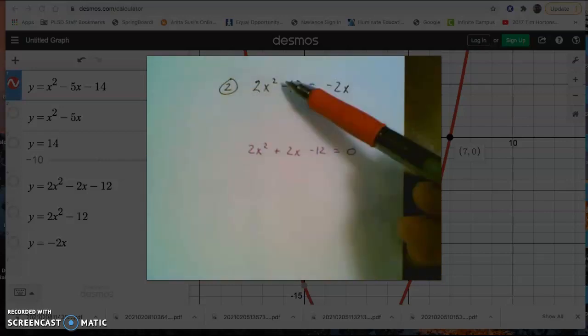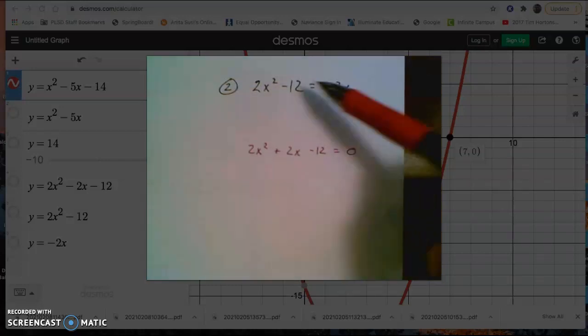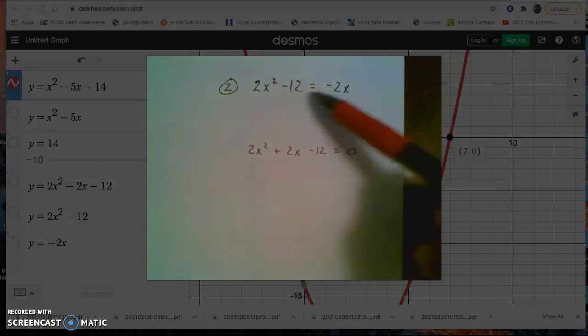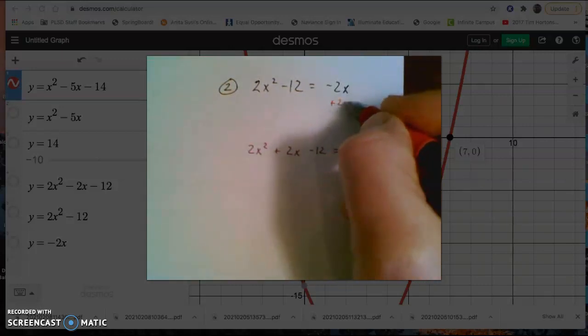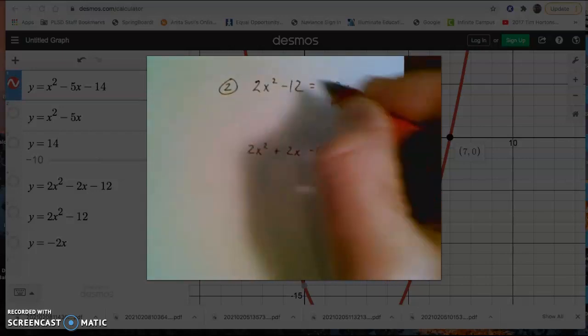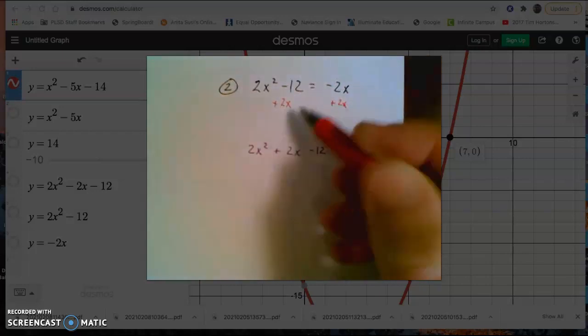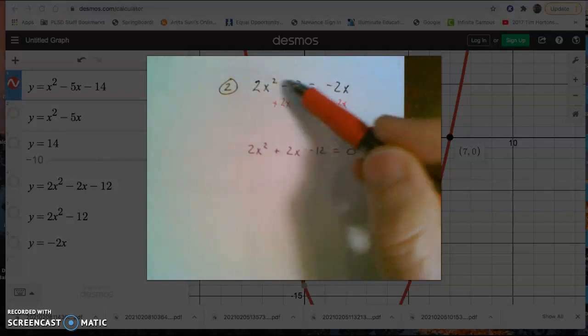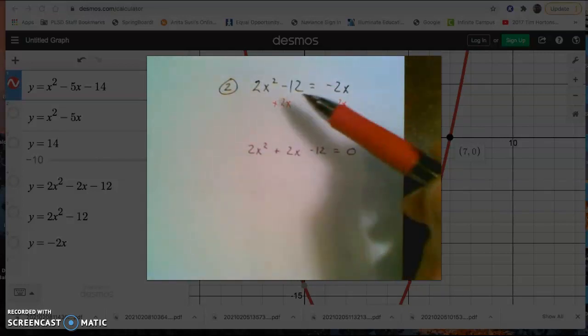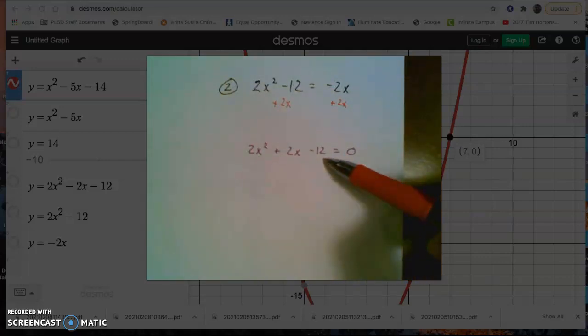Here's a quadratic equation. I can tell because it has an exponent of 2. It's not rearranged to be set equal to 0. So I move that minus 2x by adding 2x to each side. If there were any like terms, I would combine it with the like terms, but there are no like terms over there for this 2x to combine with. So I just rewrite it.